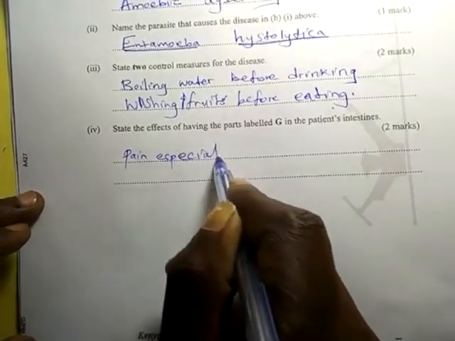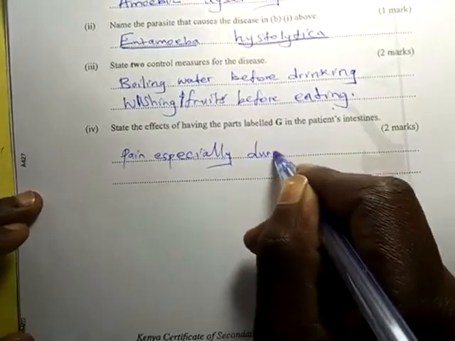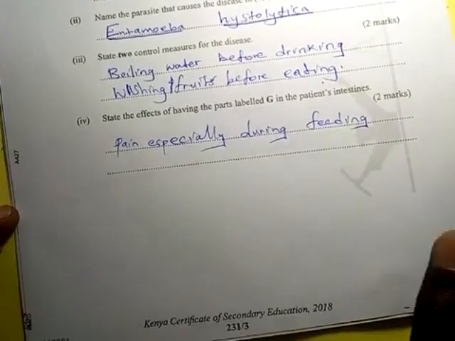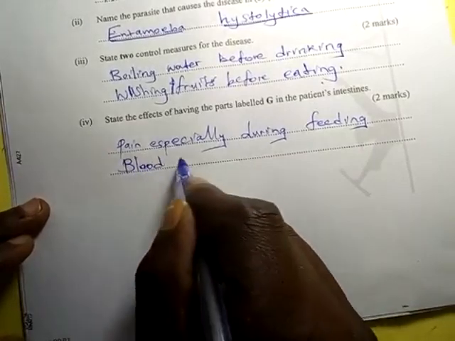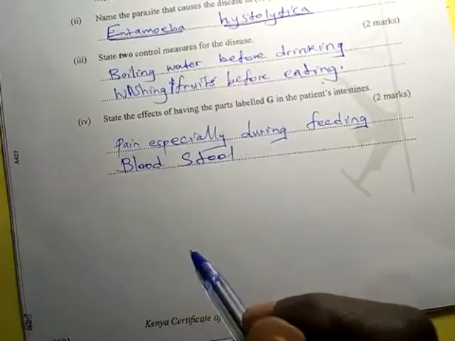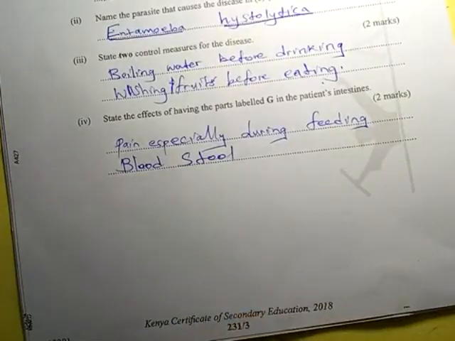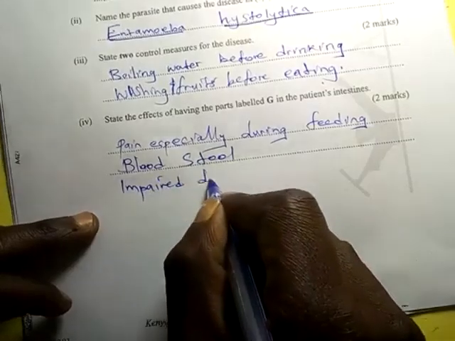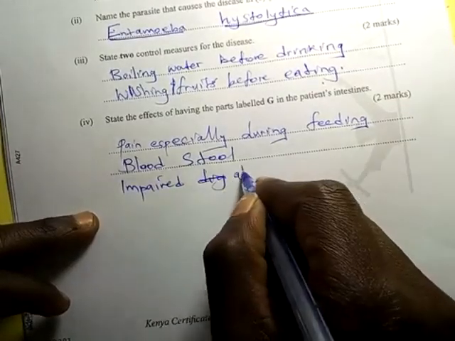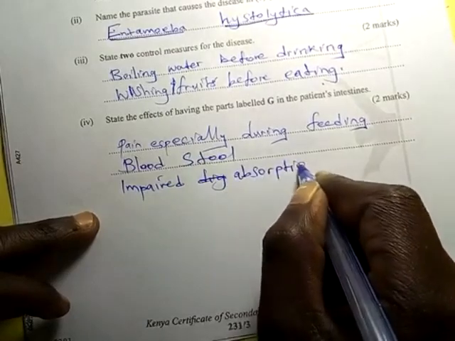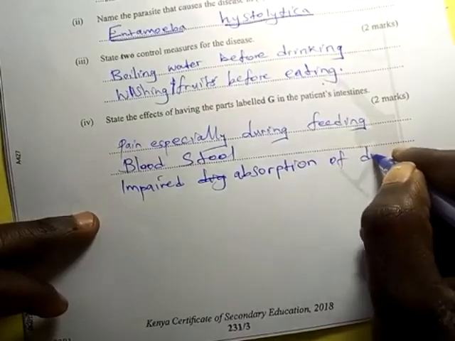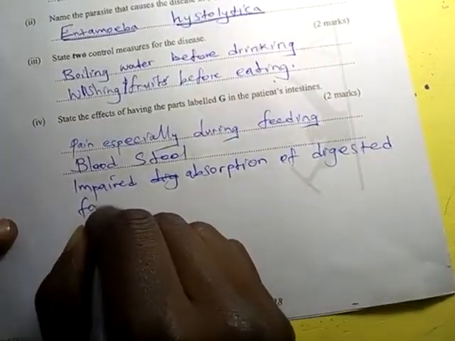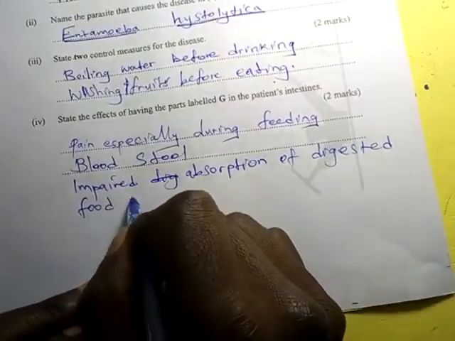Also, there will be blood in the stool. There will also be impaired digestion or absorption of digested food material.